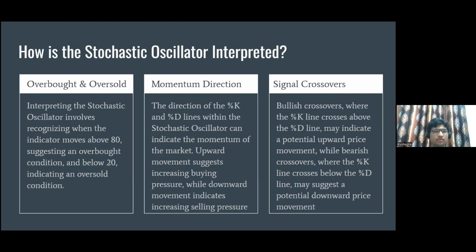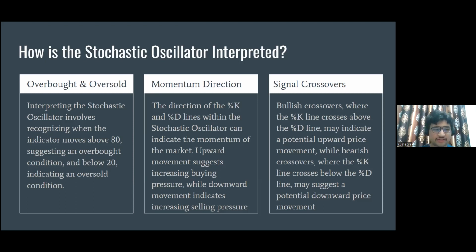Then coming on to how the stochastic oscillators are interpreted. As I've already mentioned, the overbought and oversold conditions are quite important here. When the oscillator moves above the 80 mark, it suggests an overbought condition. It signifies a potential selling signal; we might see a downward trend.